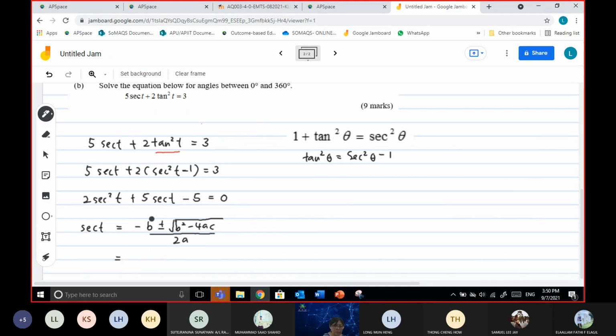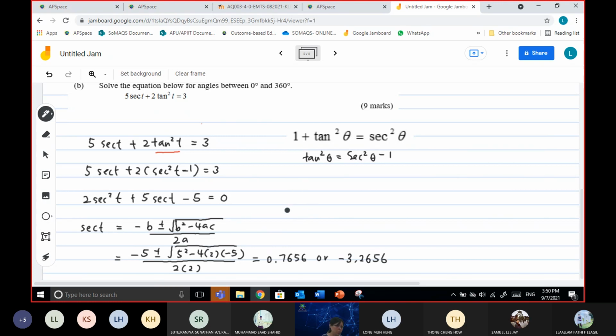Substitute b as 5: 5 squared minus 4 times 2 times c, negative 5, divided by 2 times 2. Then calculate the values. There are two values: 0.7656, and negative 3.2656.